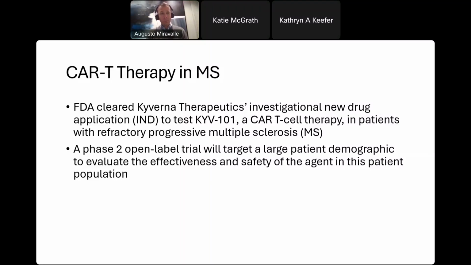With CAR T therapy, we're training your own cells, and your own cells can go into the central nervous system, and they can not only wipe out all the B cells outside of the brain, but also have the promise to wipe out all the B cells inside the brain. So the way I look at CAR T therapy in MS is it's still an anti-B cell therapy, but because it's a cellular-based therapy, it can work outside of the CNS, but also inside of the brain.